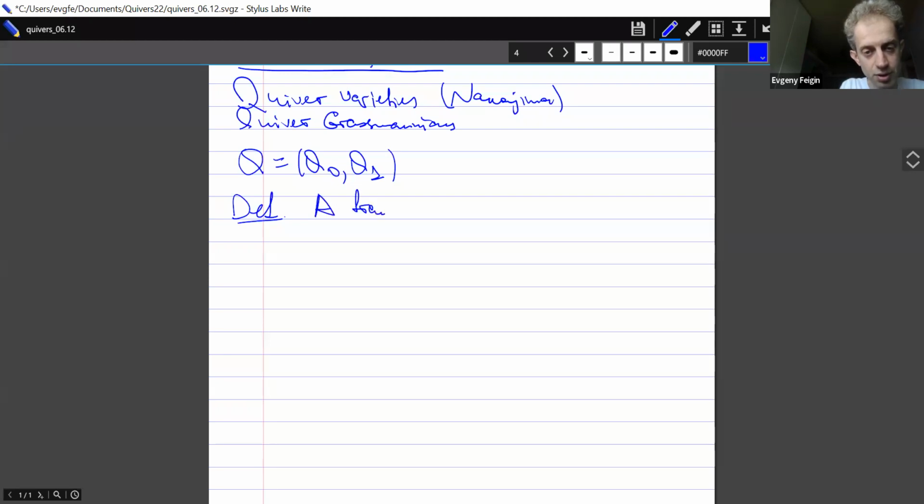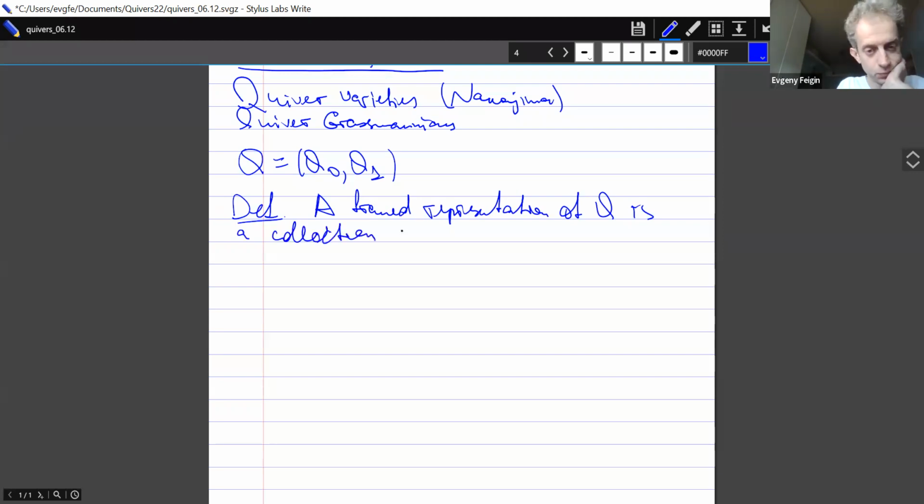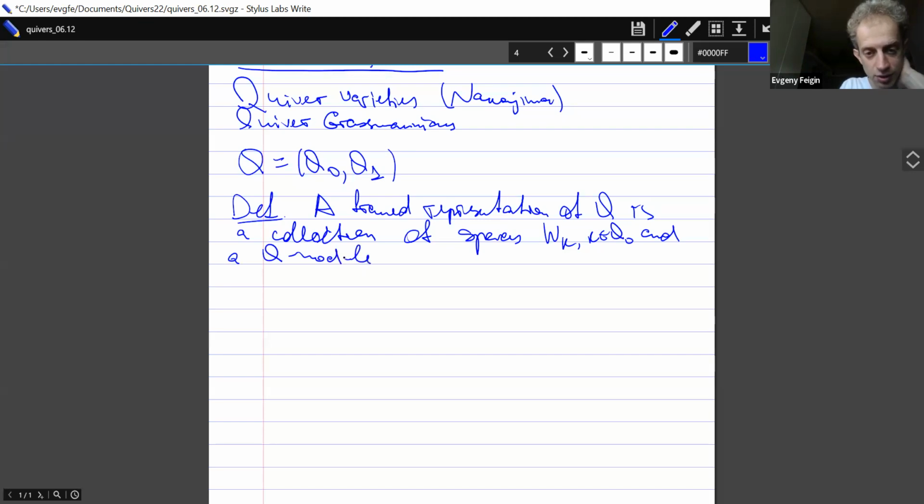A framed representation of Q is a collection of spaces WK, K being a vertex, and a Q module V equipped with the maps, let me denote them by IK, from WK to VK for all K from Q0.